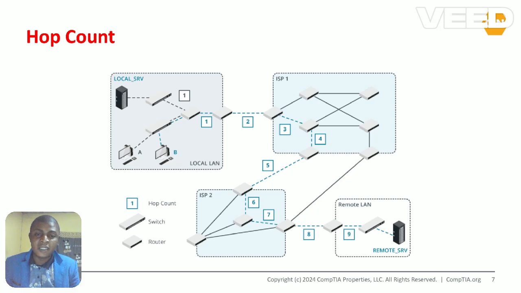The path it went through before it gets to the destination is known as the hops. So it's hop count: how many places do you go through, where do you branch before you get to the destination? All this is known as hop count.